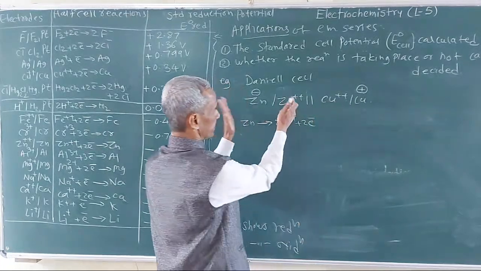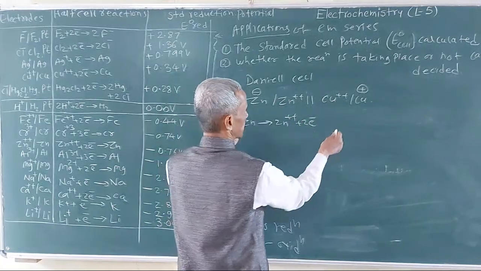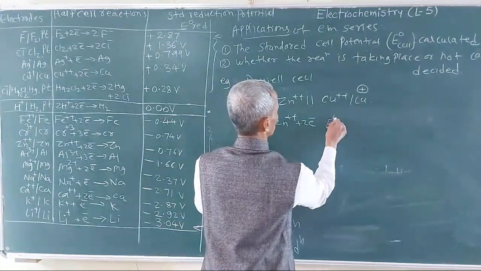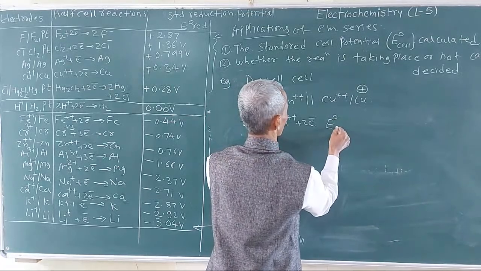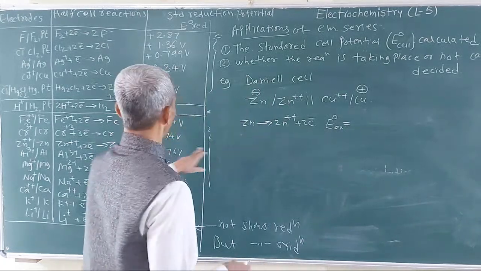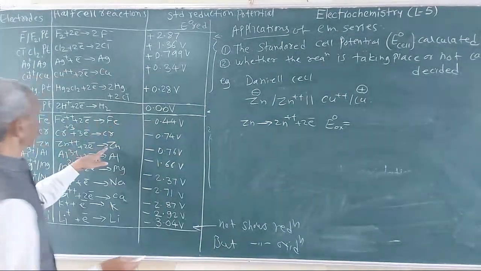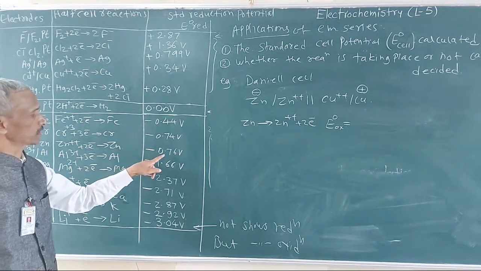So this is the representation of the Daniel cell, and if you consider the half cell reactions, E0 oxidation is equal to... What is the oxidation? If you consider this zinc electrode, this is the reduction potential, minus 0.76.